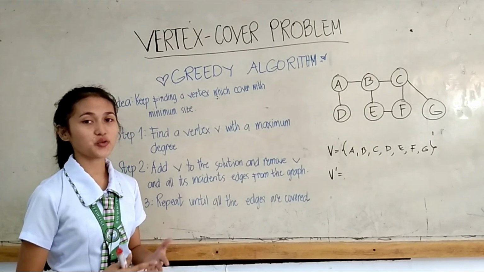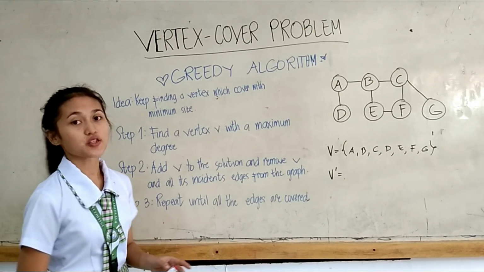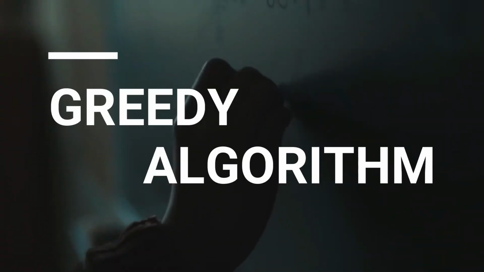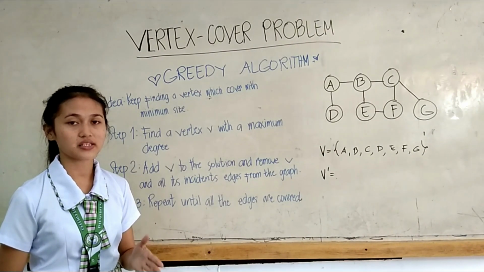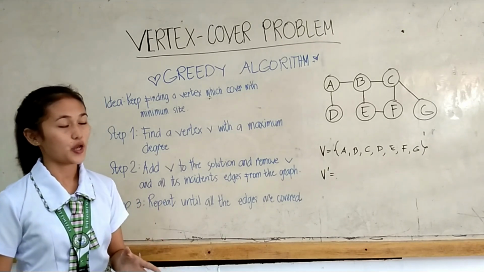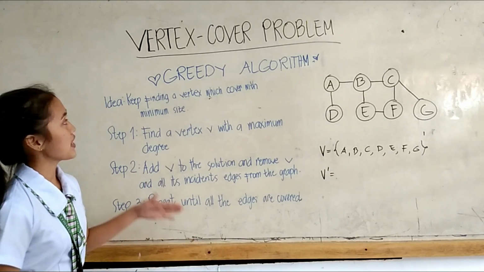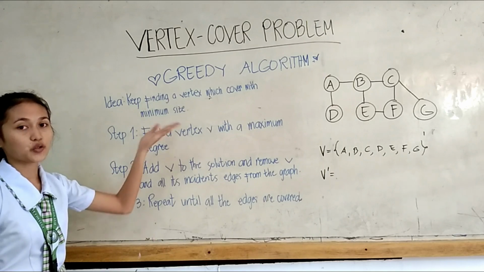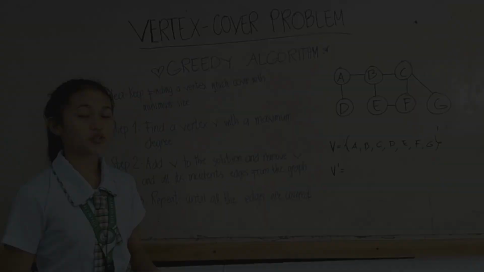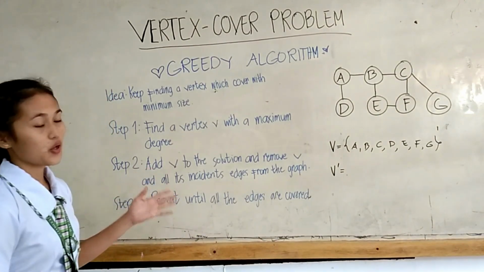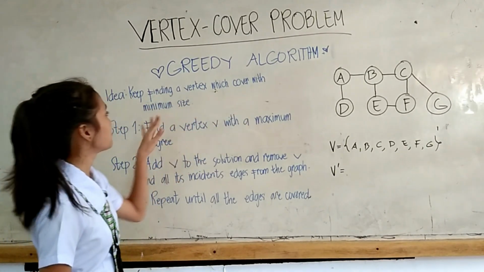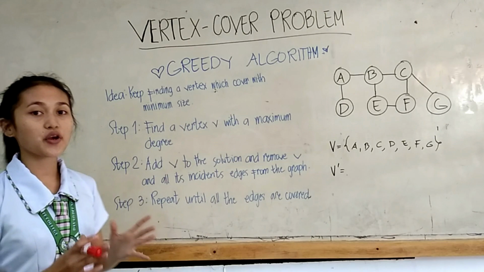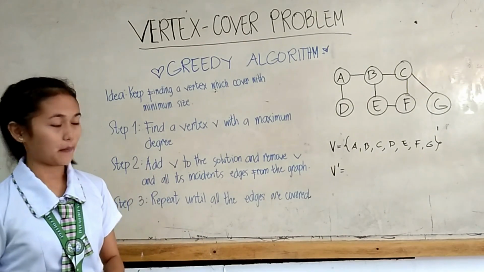So this is the continuation of our discussion. I will discuss the greedy algorithm. We all know that an algorithm is a step-by-step process. In this case, we have the greedy algorithm to solve this graph. The idea behind it is that we keep finding a vertex which covers edges, with minimum size. There are 3 steps.